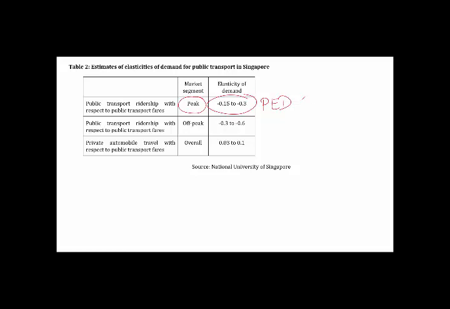So you can see that PED here is actually less than 1, which suggests that demand here is price inelastic. Okay, that's during the peak period. And then off peak, you can see that it's slightly higher, but it's still PED less than 1. Demand is still price inelastic.